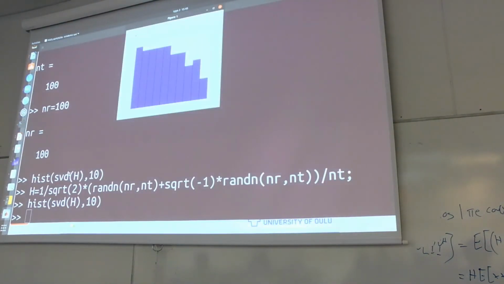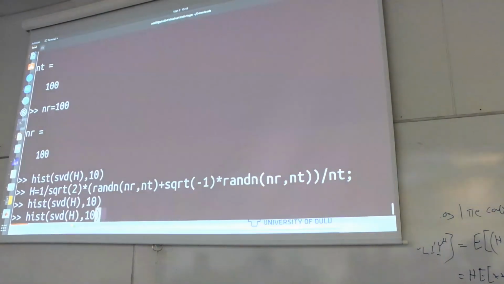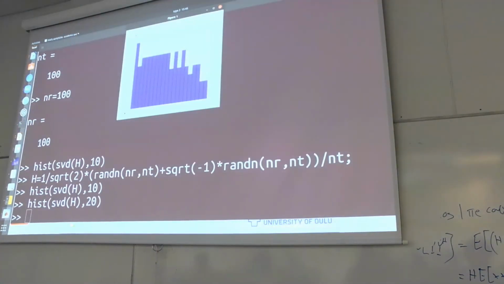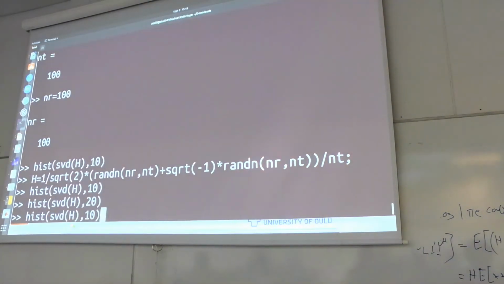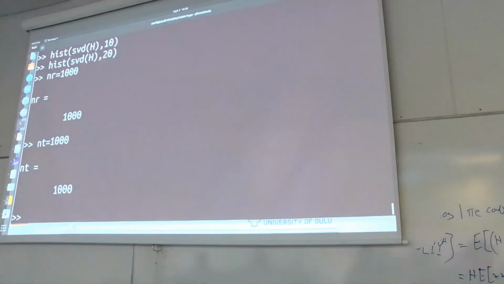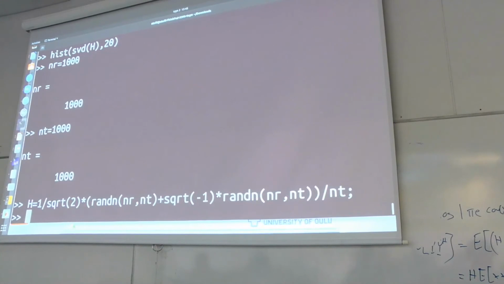All right. Now we start. Try 20. Okay, you can see that it starts to have some kind of shape. Let's try 1,000 numbers. Then generate H, a 1,000 by 1,000 matrix, and a histogram.